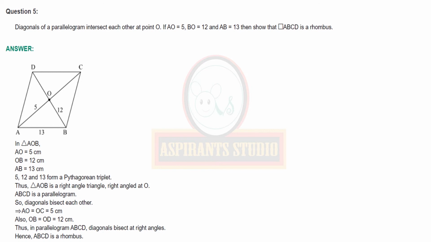You are given diagonals of a parallelogram intersect each other at point O. AO is equal to 5, BO is equal to 12 and AB is equal to 13. You have to show that, that means you have to prove that quadrilateral ABCD is a rhombus.